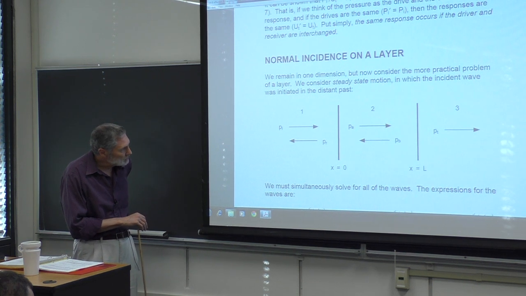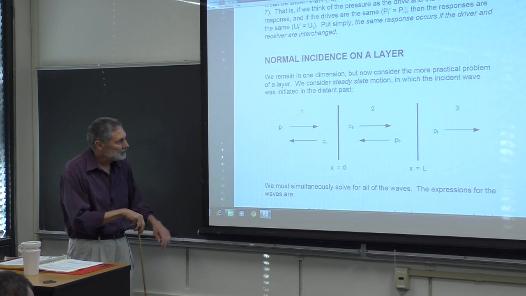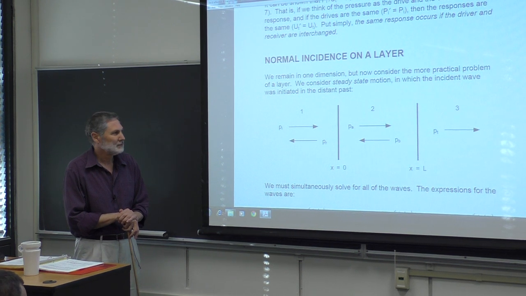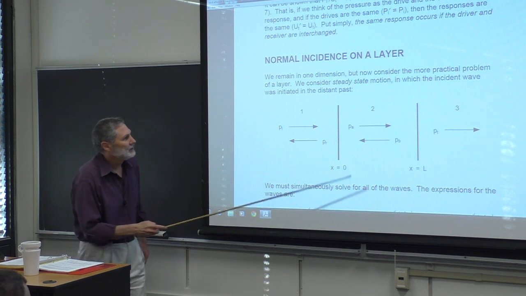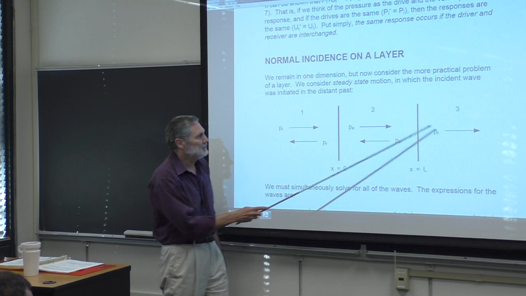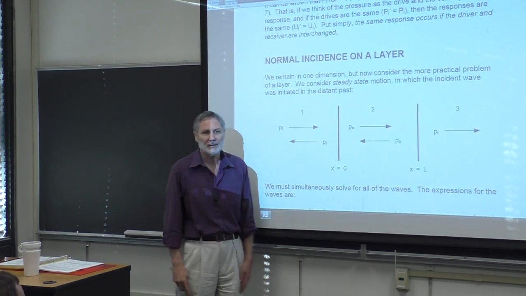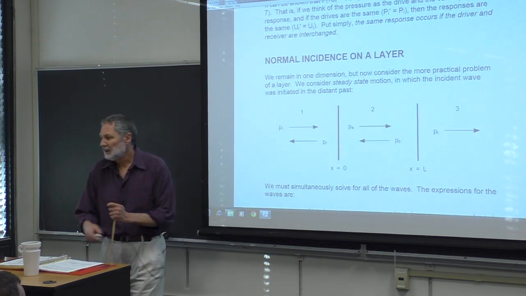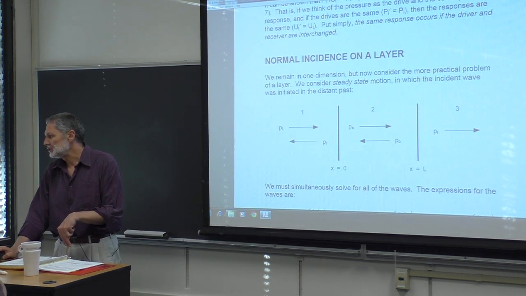What's another thing we can do here to get a special case? It's easy. What if this medium is the same as that medium? We're back to the other case. And then what if this medium is the same as that? Then we're back, okay? So we have several checks that we can do here.